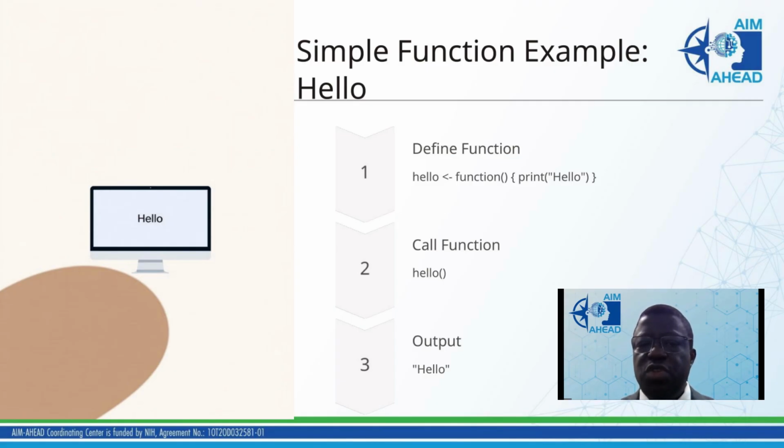To execute the function, we simply call it by its name, as demonstrated below, hello(). By executing this command, the function will be triggered, resulting in the output of the string hello displayed in the R console. Upon running the function, the expected output will be hello.